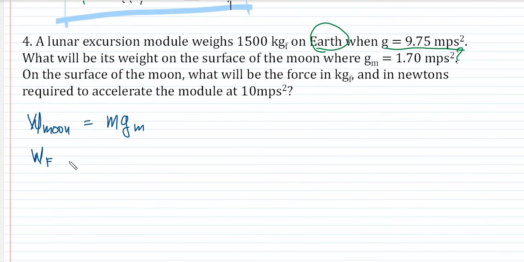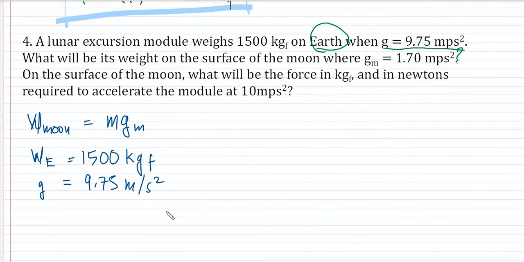The weight on the Earth of the LEM is equal to 1,500 kilogram force, where g is equal to 9.75 meters per second square.